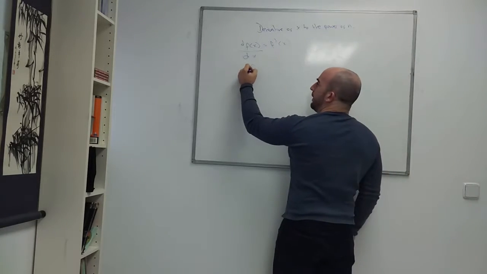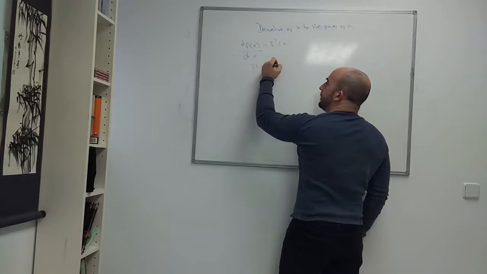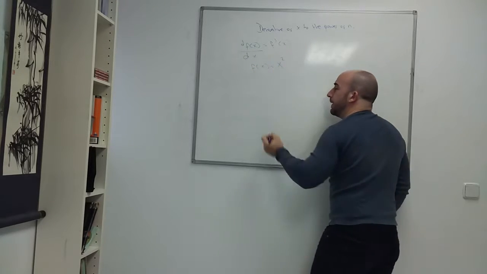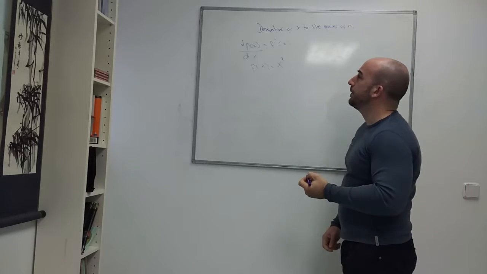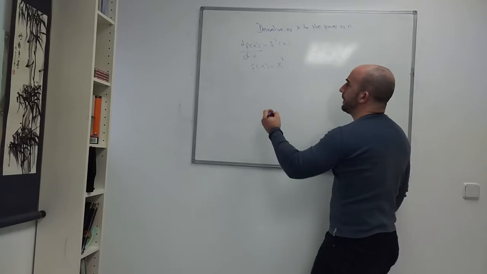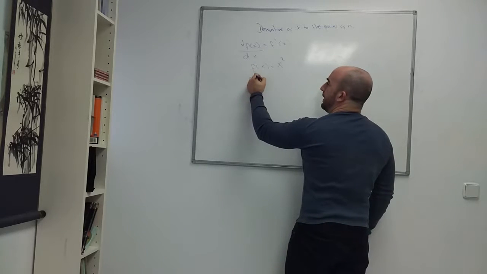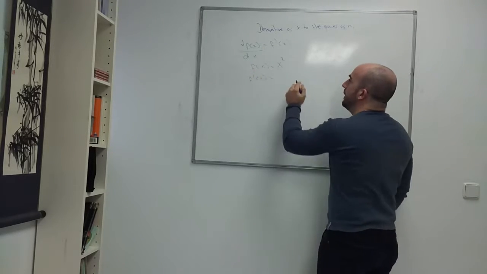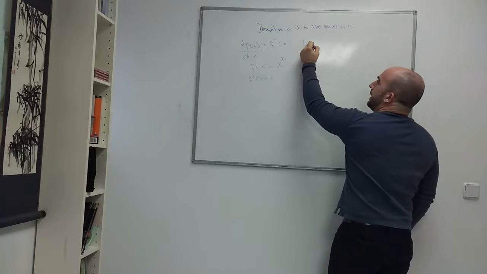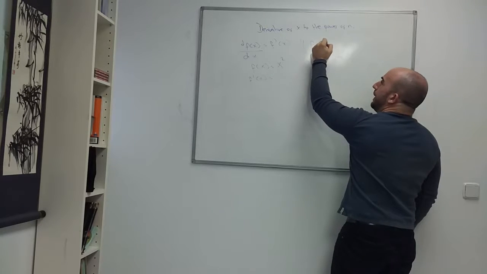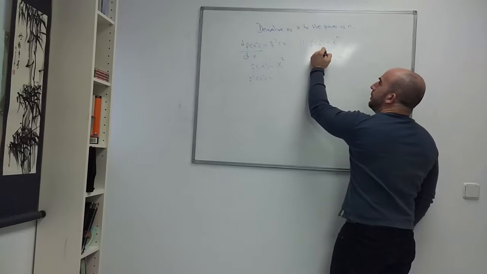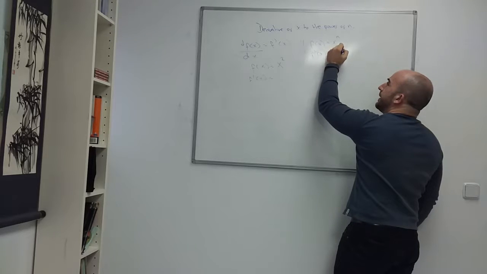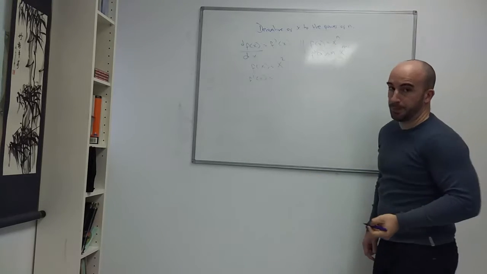So let's say we have an easy function, x squared. How do we do the derivative of that function? F prime would be, the rule is, if you have f(x) equals x to the power of n, f prime equals n times x to the power of n minus 1.